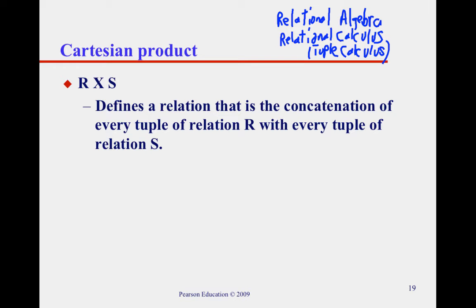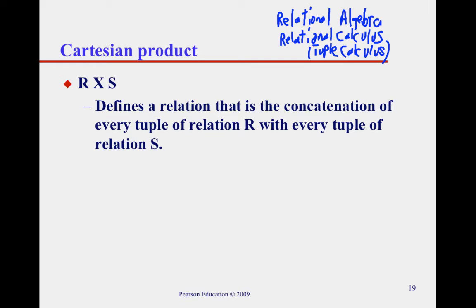Okay, last time we talked about the 5 fundamental operations associated with relational algebra, which were select, project, Cartesian product, which we didn't actually talk about, we will today, set union, and set difference.